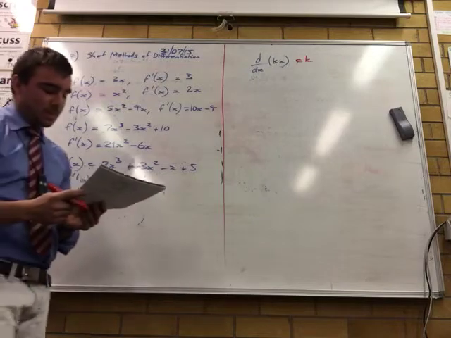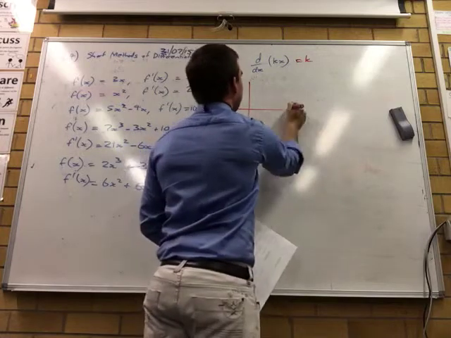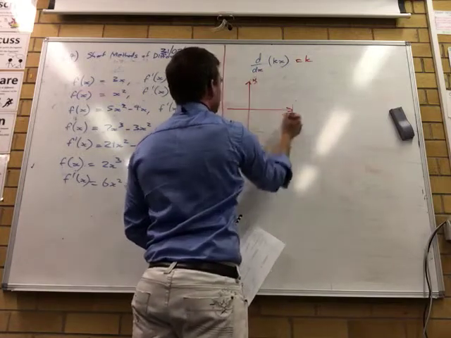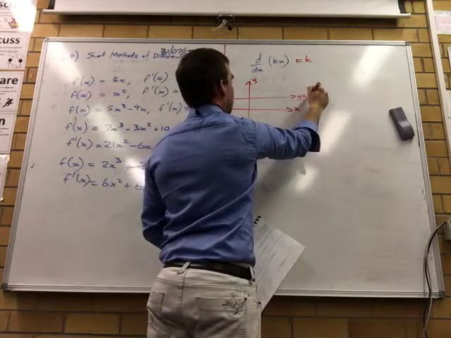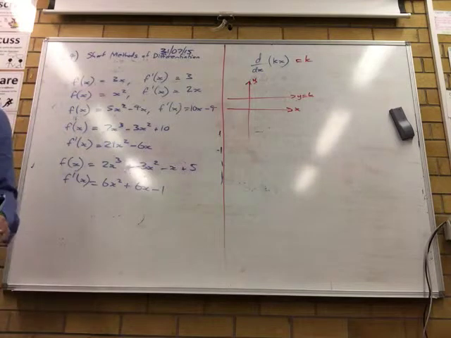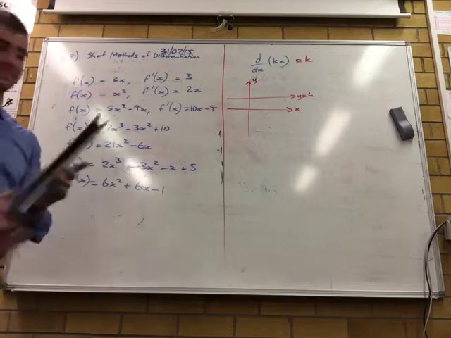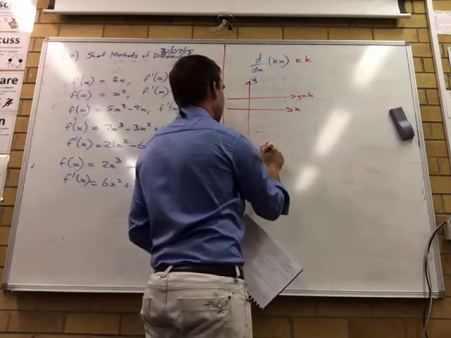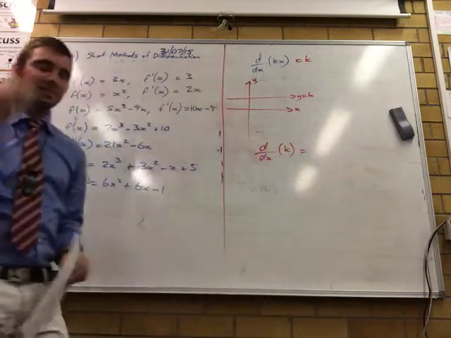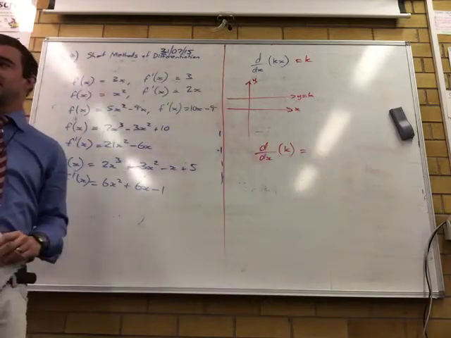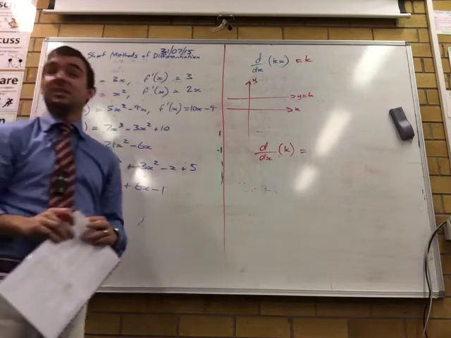Consider a horizontal line. What's the gradient of the horizontal line? 0. So that means y equals k will be that form. What is the gradient of the tangent at any point on that line? 0.